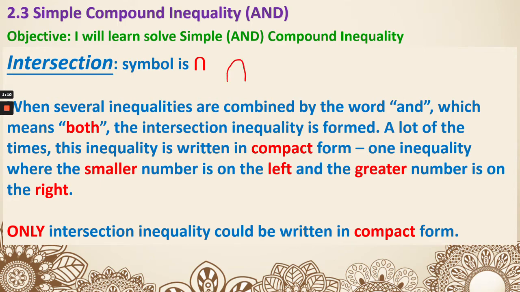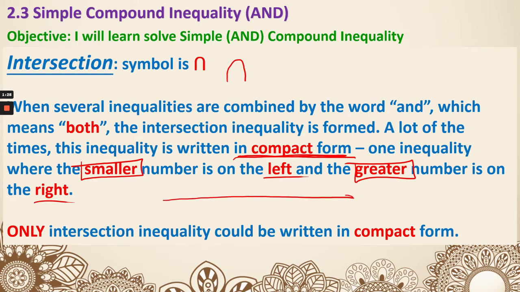When several inequalities are combined by the word and, which means both, the intersection inequality is formed. A lot of the times, this inequality is written in compact form, which is a very specific format. The smaller number on the left and the greater number on the right. Just like how we do a number line, the smaller numbers like 1, 2, 3, 4, 5 are on the left, the bigger number on the right.